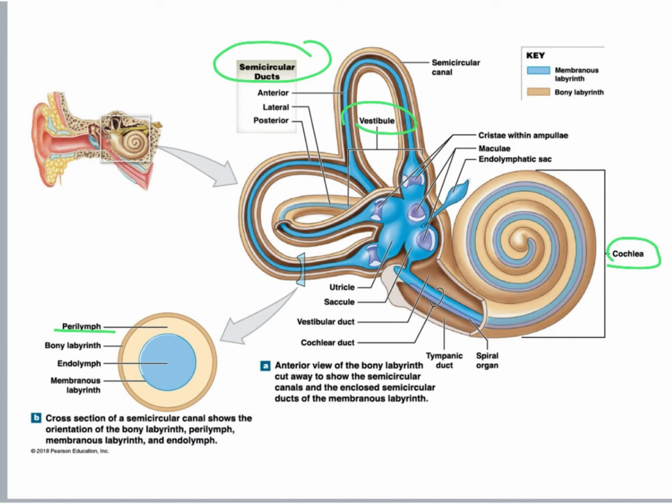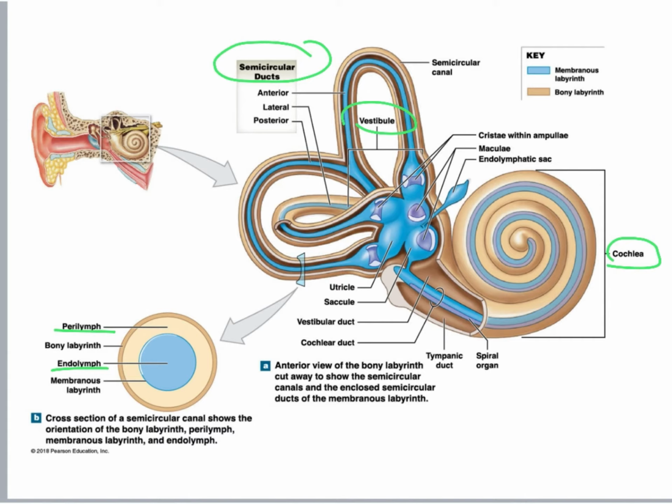So perilymph is what helps prevent the membranous labyrinth from rubbing against the bony labyrinth. Within the membranous labyrinth, we have the endolymph, and endo means within. This is the fluid that fills the membranous labyrinth and helps to support it from the inside.